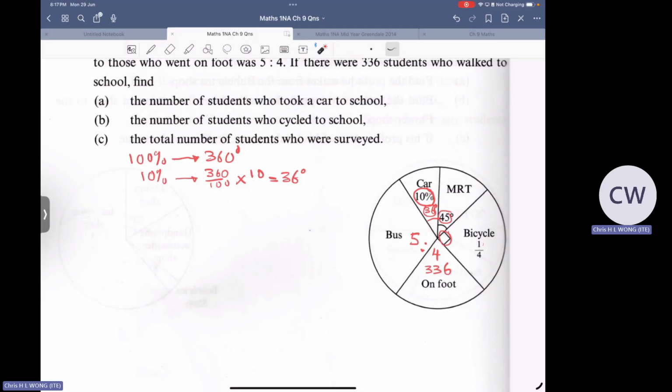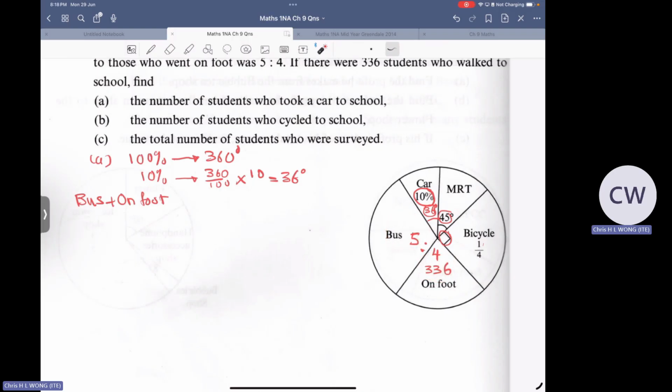So I know that for bus, I'm doing A. So for bus plus on foot, these two, I'm talking about these two, this one and this one.